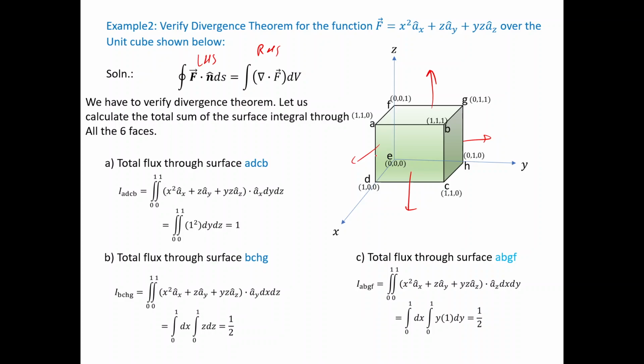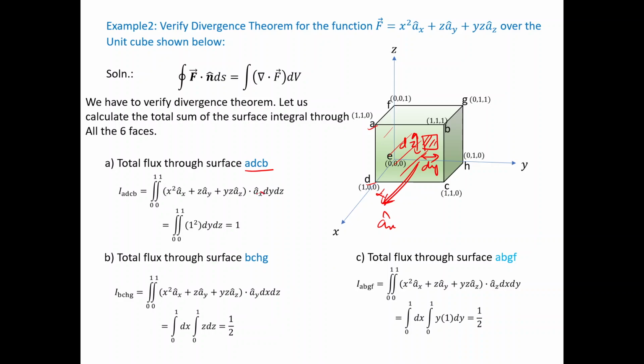All the 6 faces, let's start from ADCB. For the face AD, the unit normal will be in the x direction. So the net flux, if we consider a very small area here, the change in this direction will be dy and in the upward direction will be dz, and the direction of the normal is in the x direction.